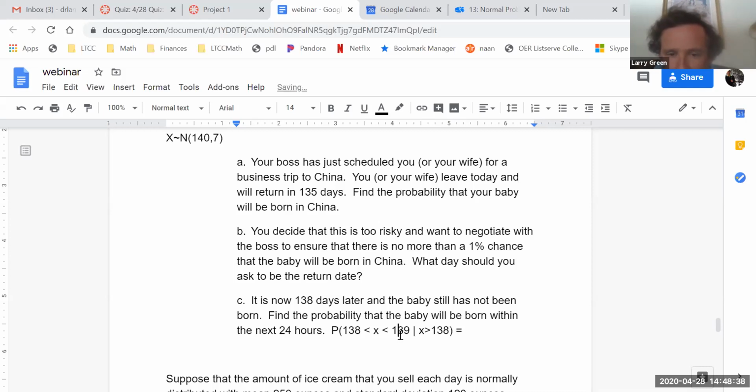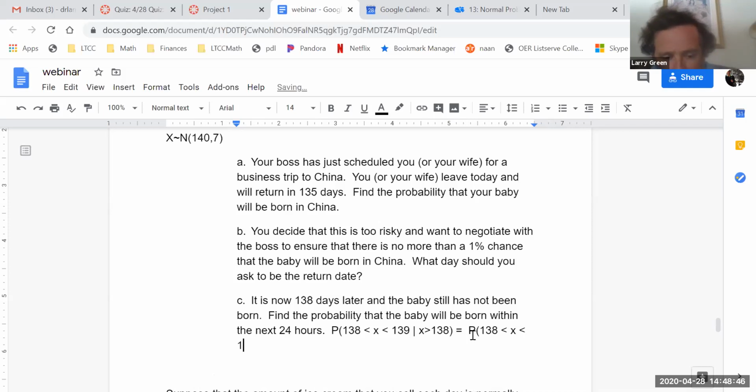So that's equal to the probability that 138 is less than X, which is less than 139, divided by the probability that X is greater than 138. Any questions on that?